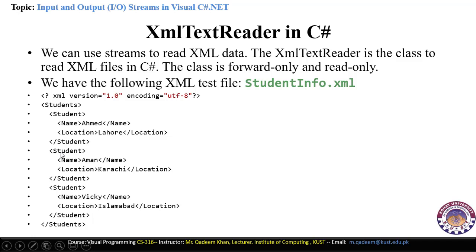A new student starts here: name Aman, slash name, location Karachi, slash location, student close. Then we have the start of student name Vicky, location Islamabad, close of the location, student close, and students file closed. This was the XML file.